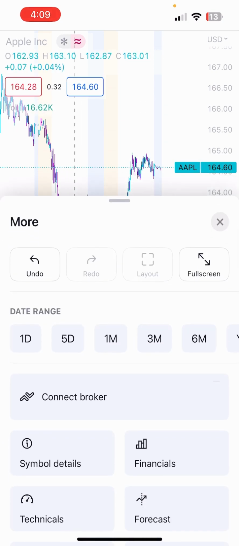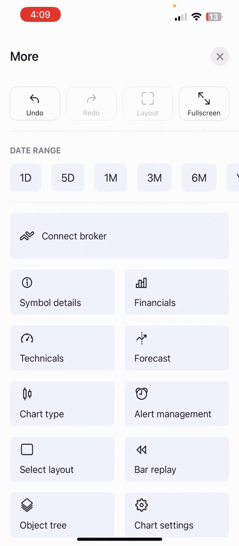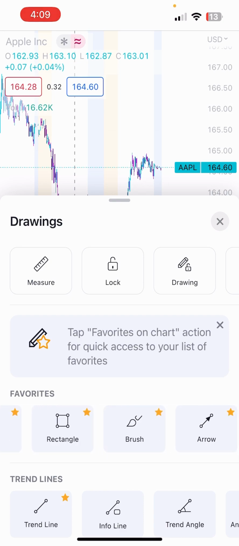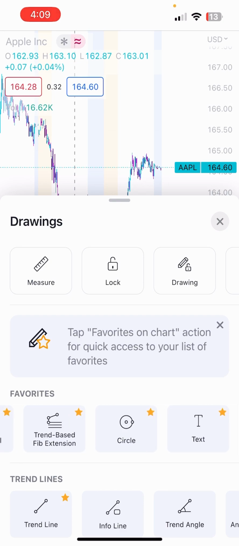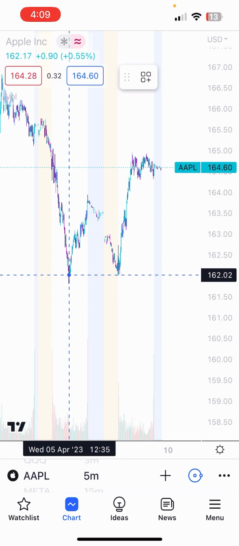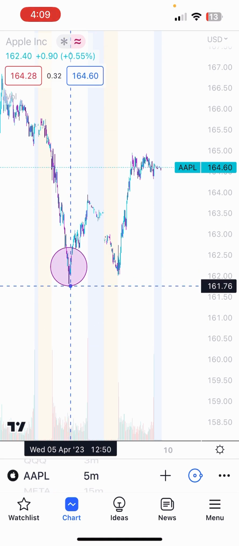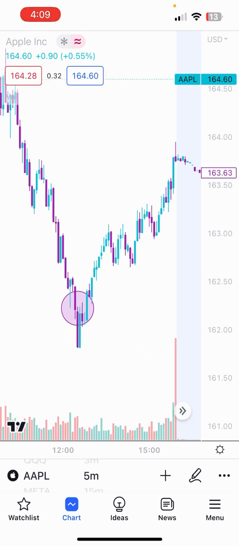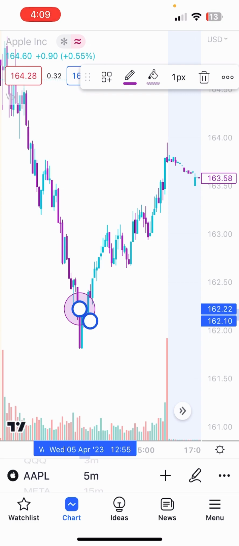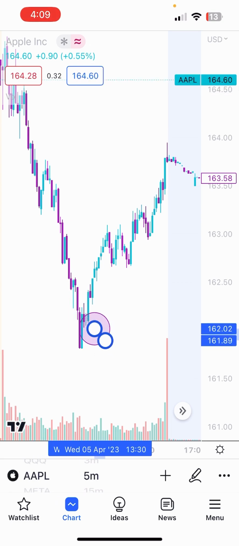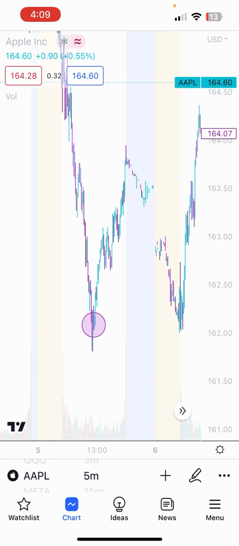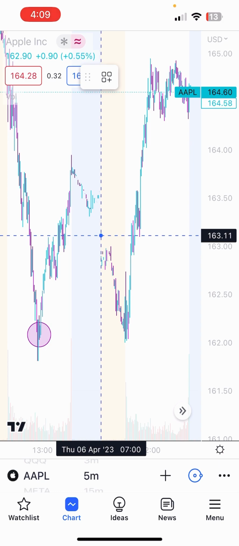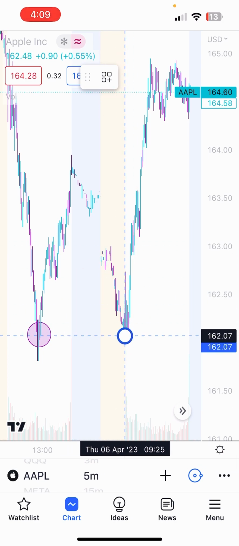I'm gonna circle it right now for you, so you can see clearly what I'm talking about. Circle right here, and a circle right here.